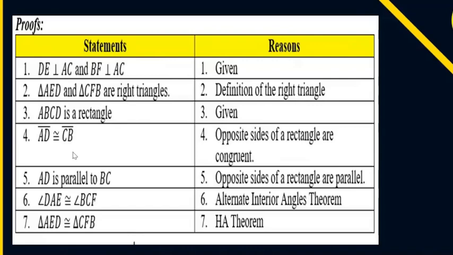Then AD is parallel to BC, because opposite sides of a rectangle are parallel. Angle DAE is congruent to angle BCF by the alternate interior angle theorem. And then we have proved that triangle AED is congruent to triangle CFB by the hypotenuse acute angle theorem or HA theorem.